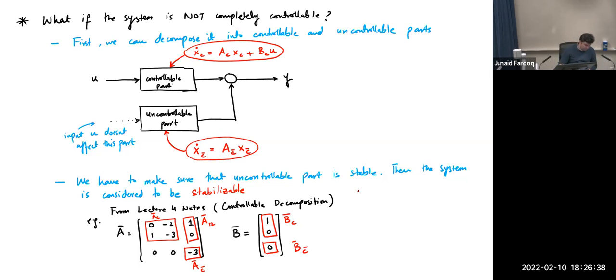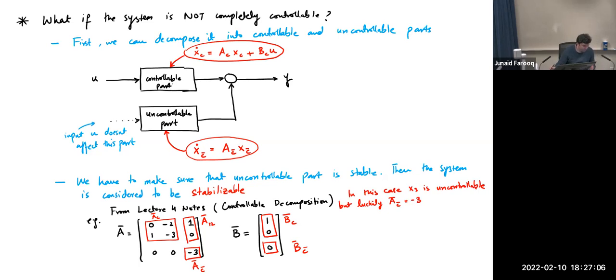Right, so let me write down this case here. So in this case, X3 is uncontrollable. Okay, but luckily, the A bar uncontrollable is -3.